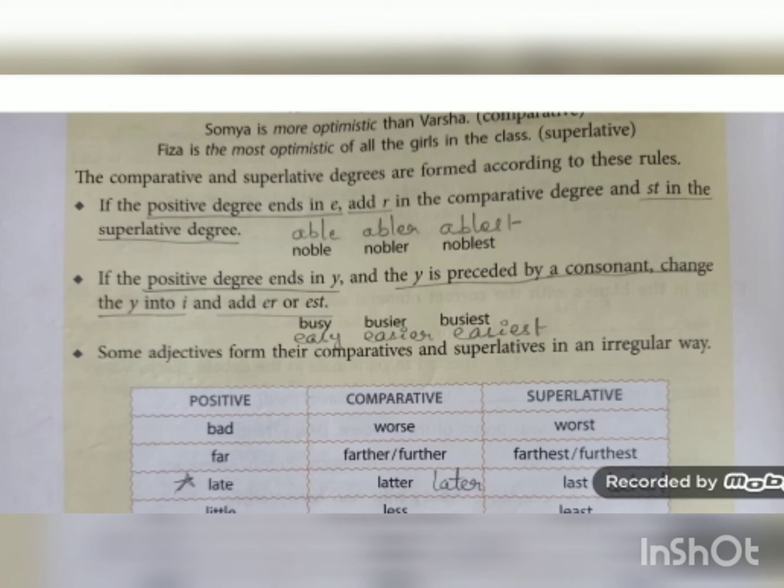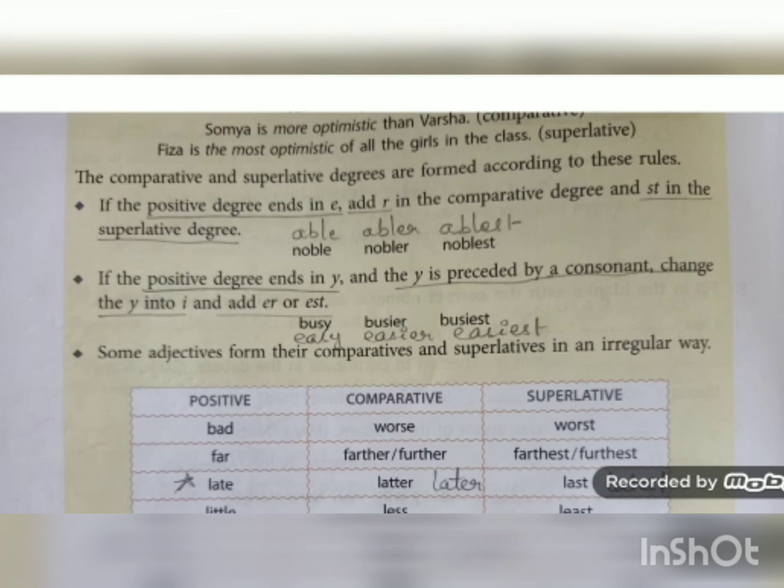Change the Y into I. So when we change it to comparative, first we change Y to I and then we add ER for comparative degree and EST for superlative degree. For example, busy. Busy is an adjective which ends with Y. Just before Y, S is a consonant. So when we change it to comparative, Y changes to I and we add ER, because in comparative we add ER and in superlative we add EST. Busy, busier, busiest. Similarly, one more example: easy, easier, easiest.